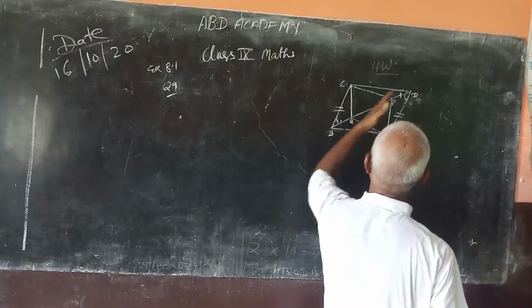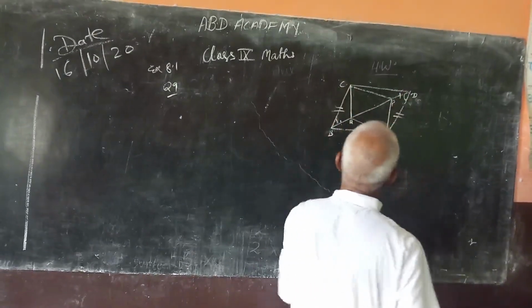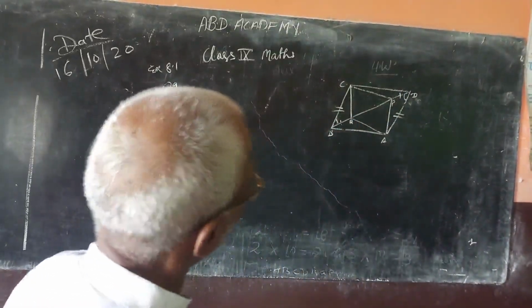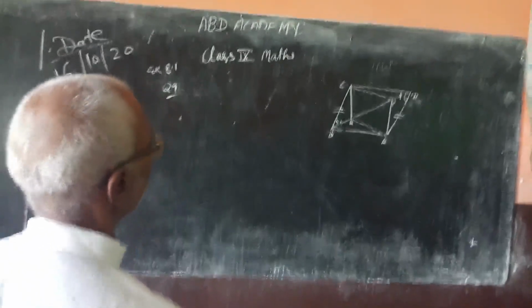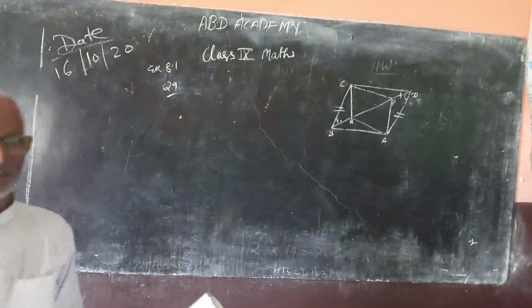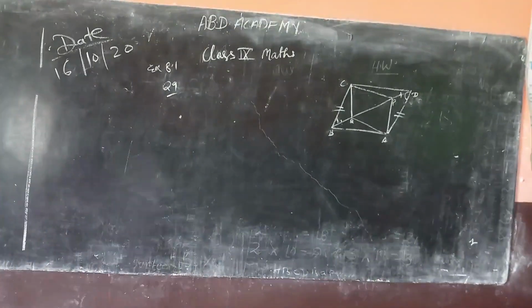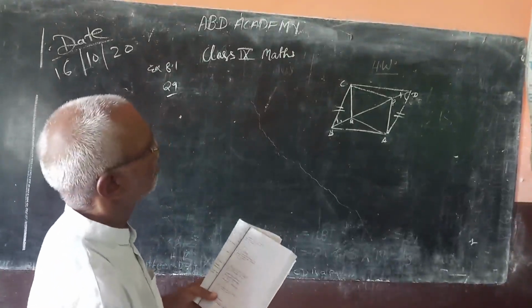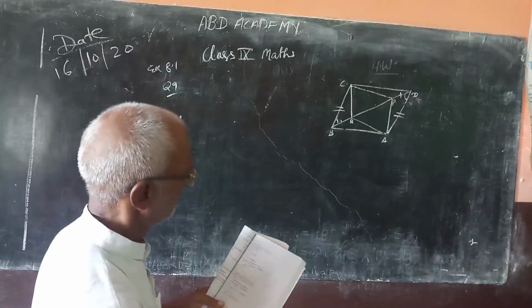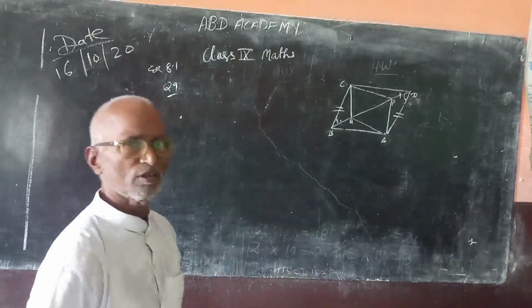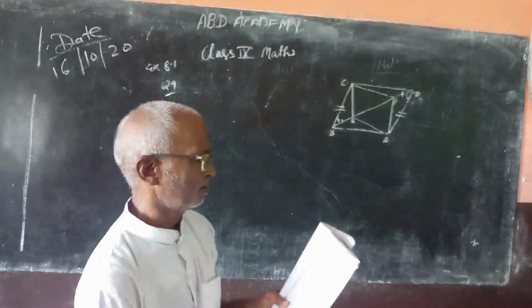These are alternate angles because AD is parallel to BC. Therefore, the two triangles are congruent by SAS congruence, as you see in the figure. So, the first part is proved that triangle APD is congruent to triangle CQB. You follow? First job.